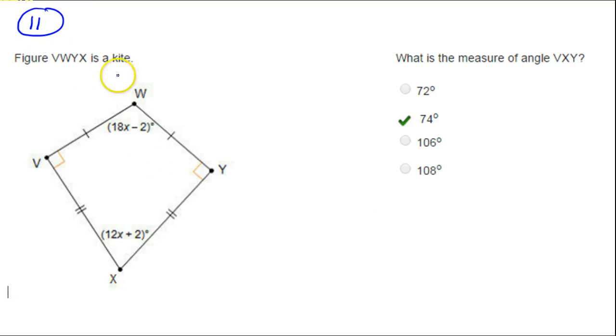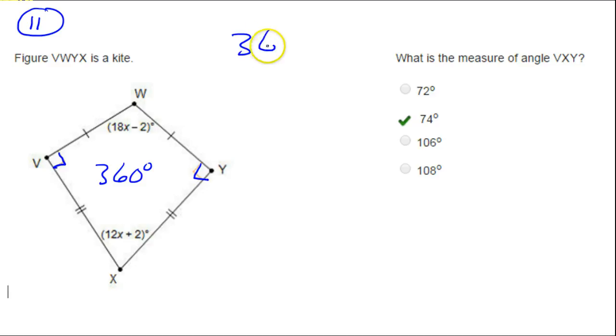All right, so this is number 11. We are told that this is a kite. However, we are not even going to need the special properties of a kite in order to solve this problem. We just need to know that all of the angles of any quadrilateral add up to 360 degrees.